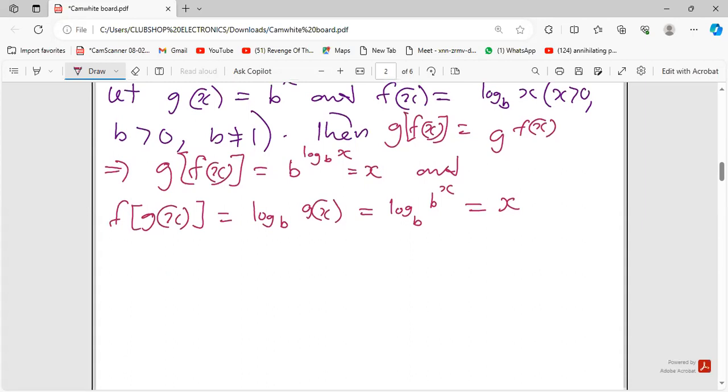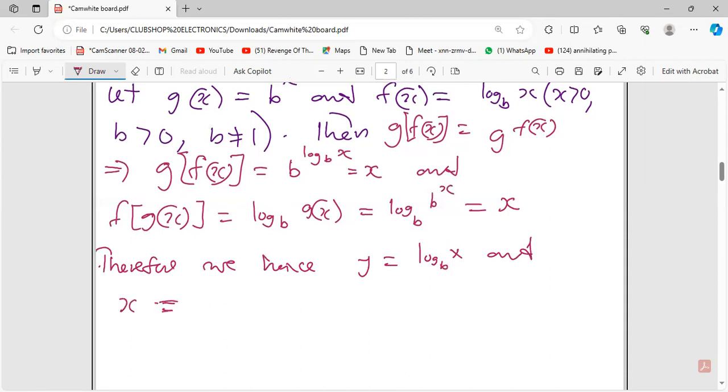Therefore, we have that y is equal to log b of x and x is equal to b to the power y are just different ways of expressing the same thing.